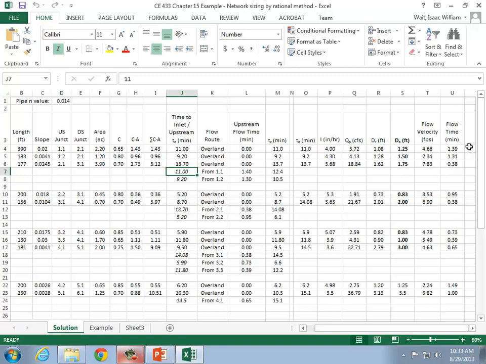So this travel time here we take down to there. I should actually just have it refer to that cell, rather than typing in 1.4, I should just have it refer up to that. Okay? And so here, it's referring to the flow time upstream.